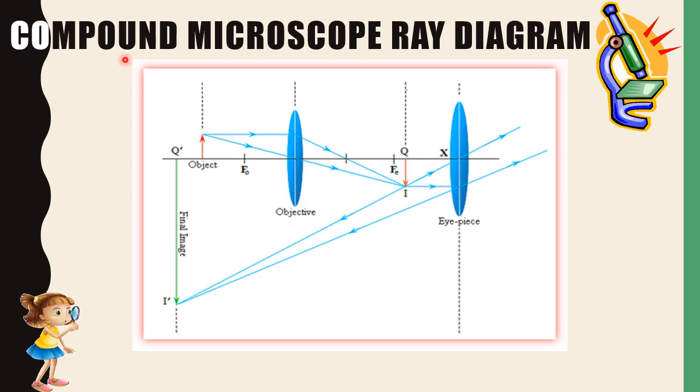Let us see how we draw a ray diagram in the case of a compound microscope. So the compound microscope has two lenses. One is the objective and the other is the eyepiece. Through the eyepiece we view, and near the objective we place the microscopic object that is to be viewed.